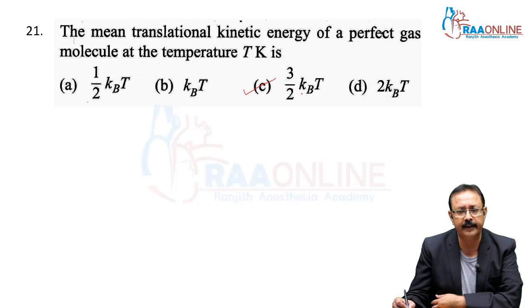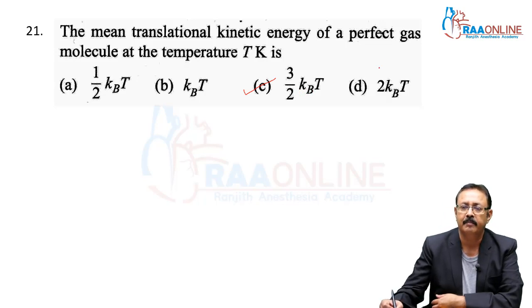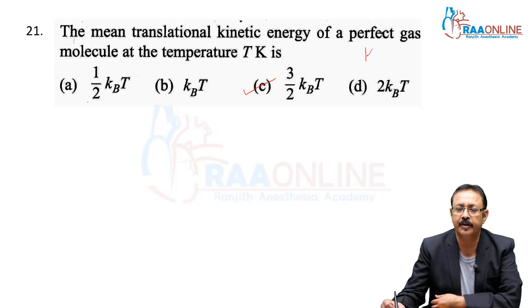We were writing K there, but they are writing KB, B for Boltzmann constant, because K was the ratio of 2 constants. So this new constant is known as the Boltzmann constant. Sometimes they write it as KB.